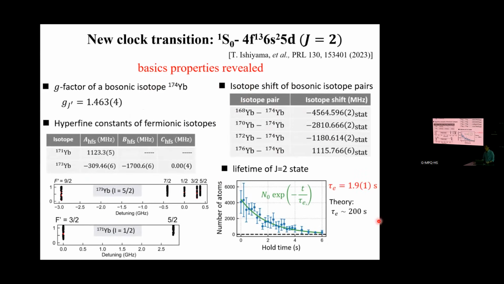The theory predicted a lifetime of about 200 seconds, but our measured value is about 2 seconds. Probably it's limited by background gas collisions or light scattering, but the 2 second lifetime is already long enough for many applications for precision measurement and quantum simulation.